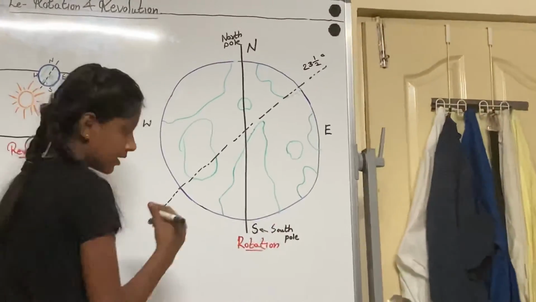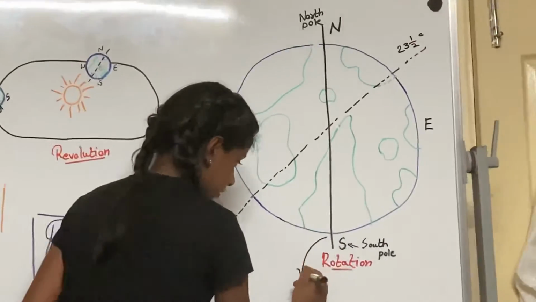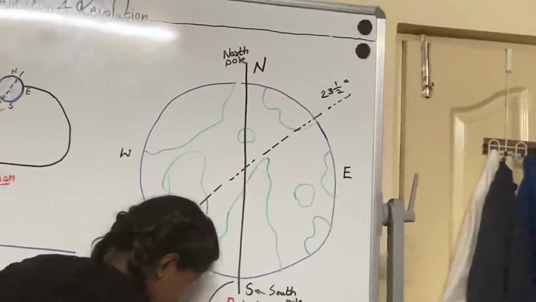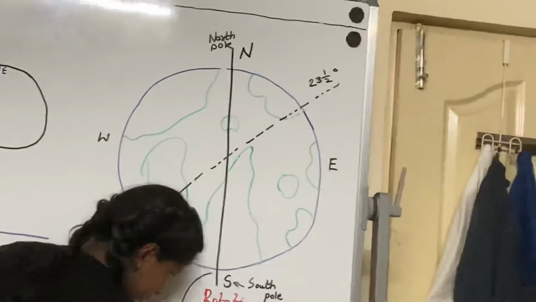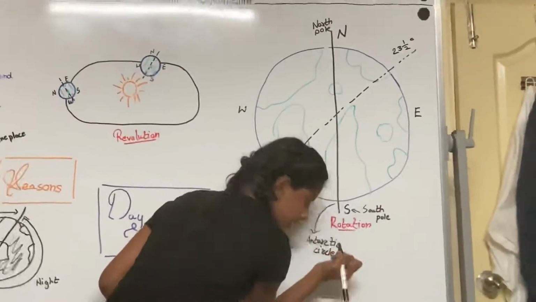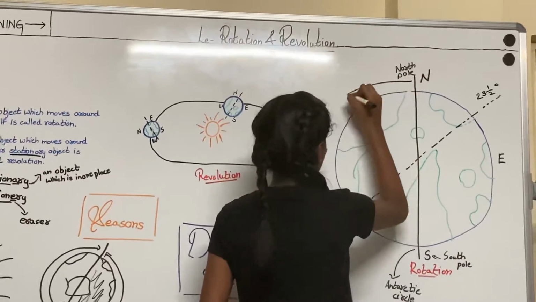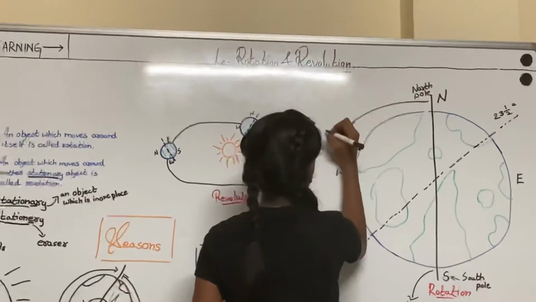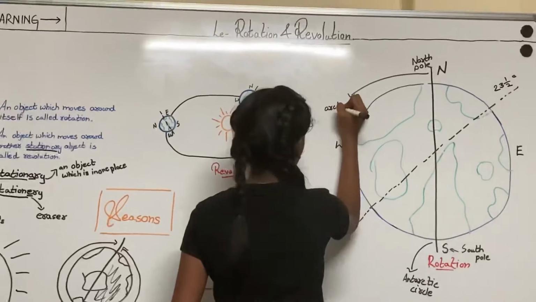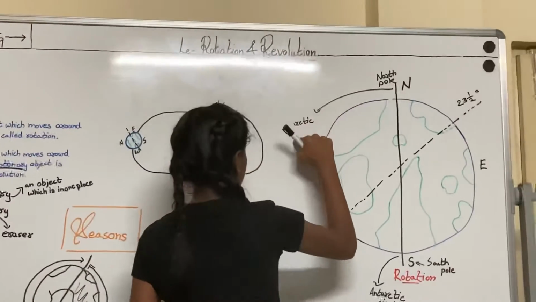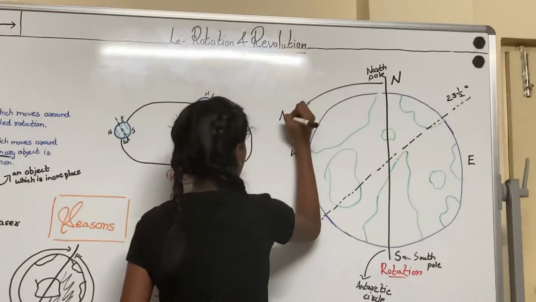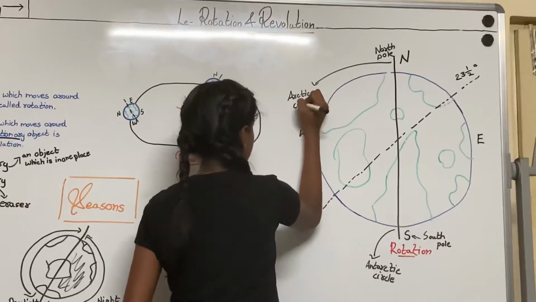Okay? This is called the Antarctic Circle, and this is called the Arctic Circle.